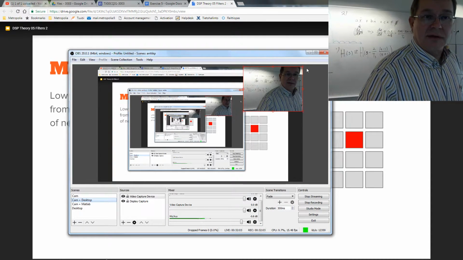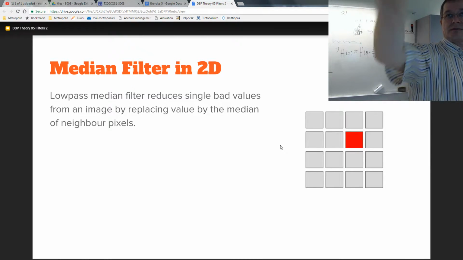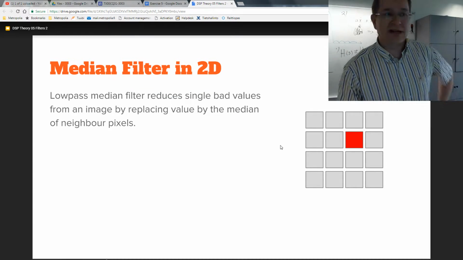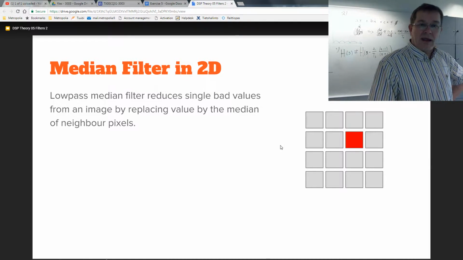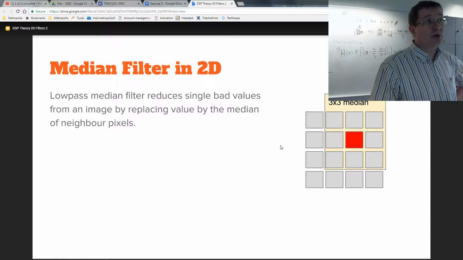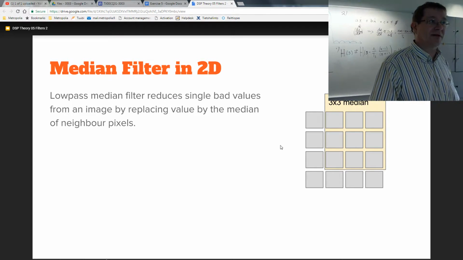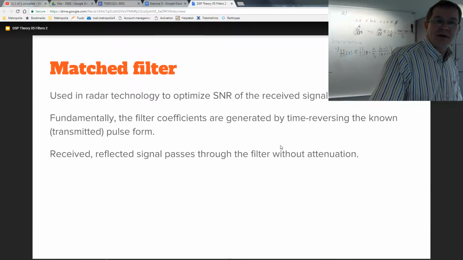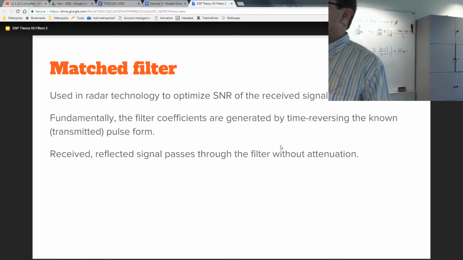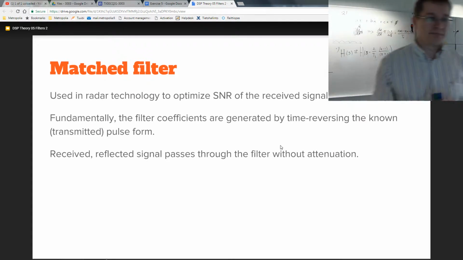The red dot there is that dead pixel, and we calculate the 3 by 3 median, which would be the gray cell here. So that's the most frequent value. Right, and replace it. Ta-da, gone forever. So that was the median filter.